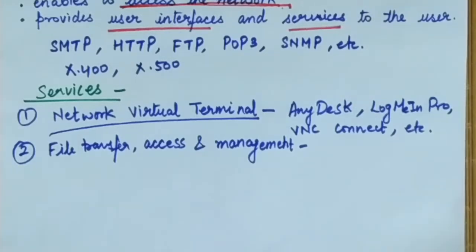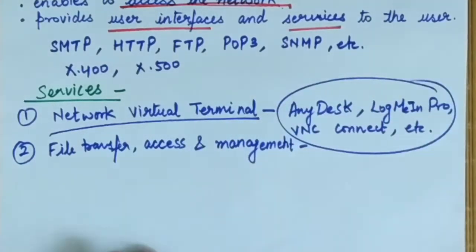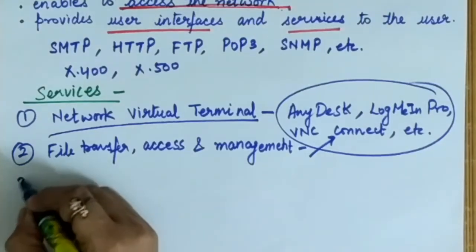Means if I am accessing the files from your computer with the help of these various softwares, and I'm accessing that file to read or to make any changes. So accessing, transferring or managing all the files or all the data on your computer, all these services are provided by the application layer.